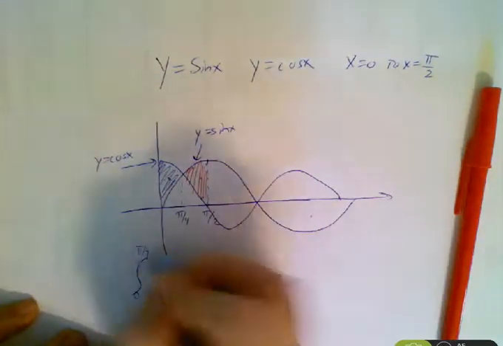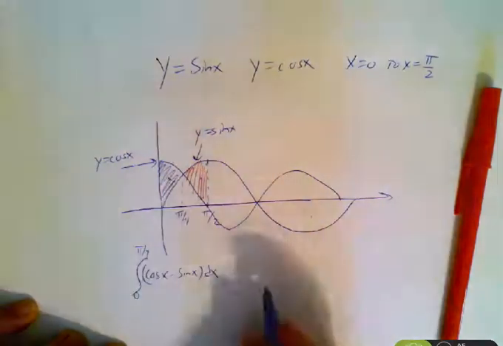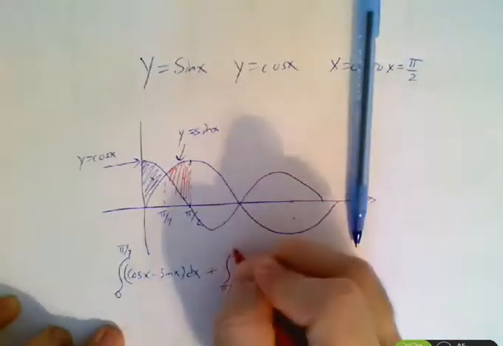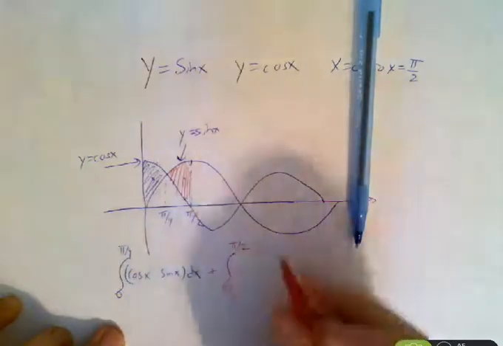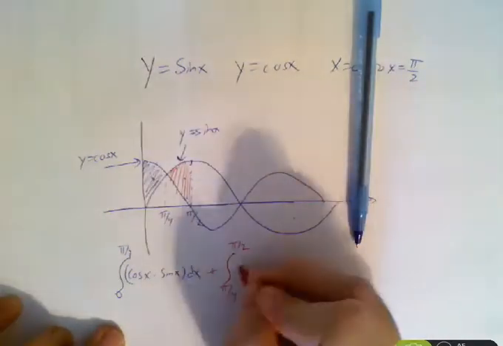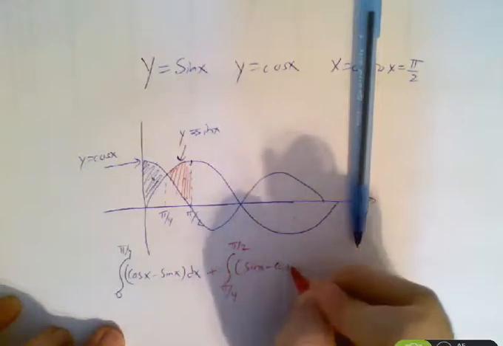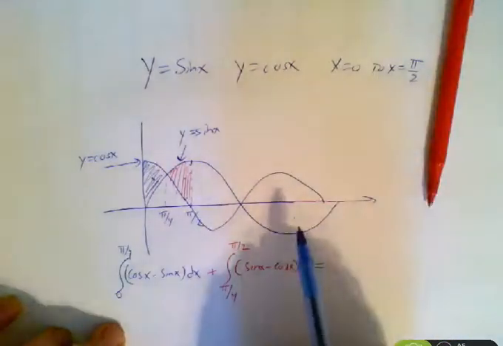From 0 to pi over 4 of top, which is cosine, minus bottom, which is sine. And that would be the blue area. Then we would have to add in from pi over 4 to pi over 2, right? Because that's where they told us to stop, of the top, which is sine, minus the bottom, which is cosine. And that's really the only way we could do it for the moment. We'd have to do it separately.